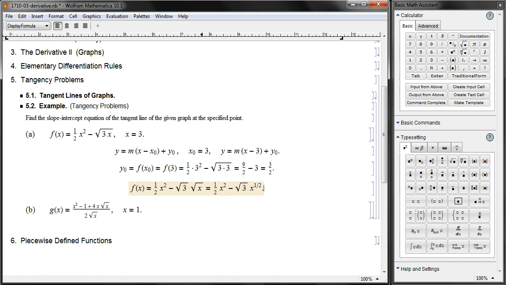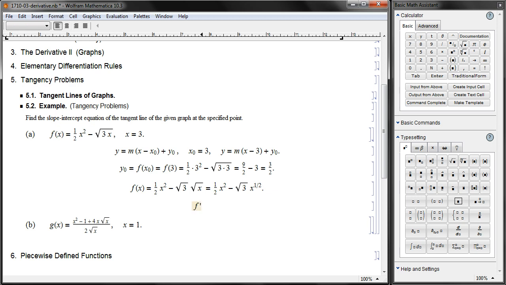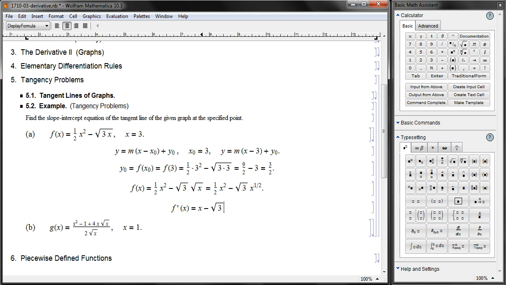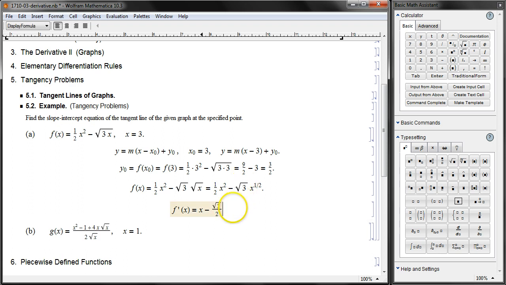I remember this problem. I wrote this problem in a quiz and a lot of students made a mistake here. Square root of 3x is not the same as square root of 3 times x. x is inside. So you get square root of 3 times square root of x, or equivalently square root of 3 times x to the 1/2 power. So the derivative function goes like this: 1/2 times 2, so x minus square root of 3, and then multiply by 1/2, and then subtracting 1 from the power, and this is the derivative function.